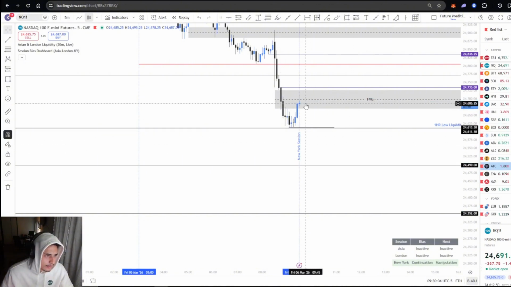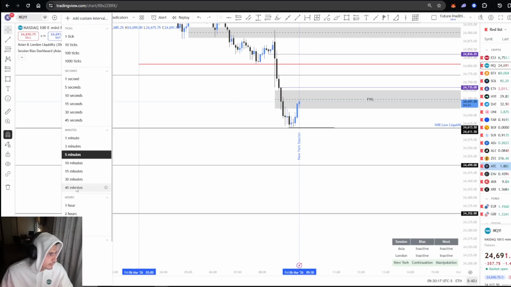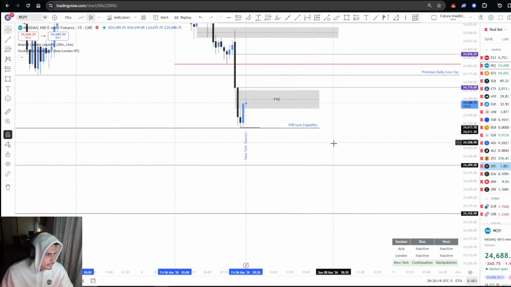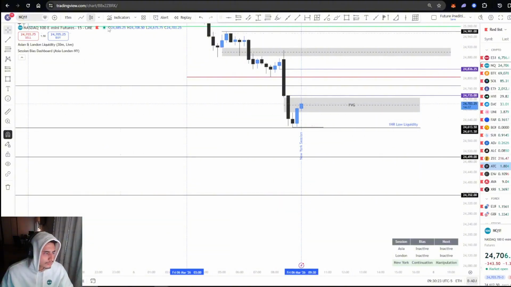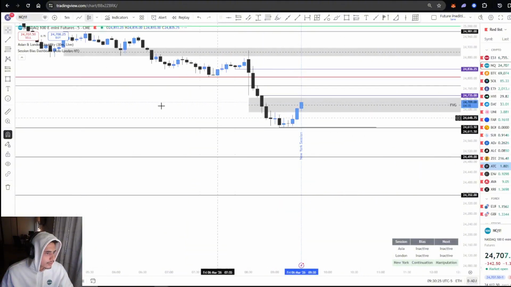Market open, reach the middle. Refilling up these cells. We're reaching those cells right now.